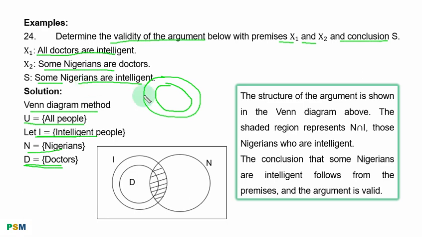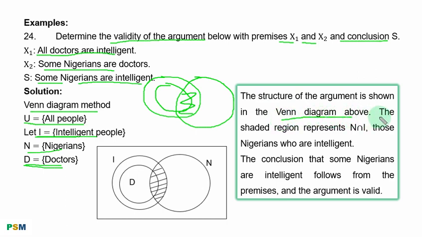So there is a point of intersection between the three subsets. So you have Nigerians somewhere here. So this is a point of intersection. The structure of the argument is shown in the Venn diagram above.